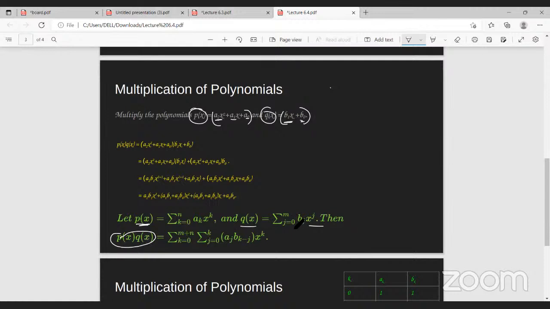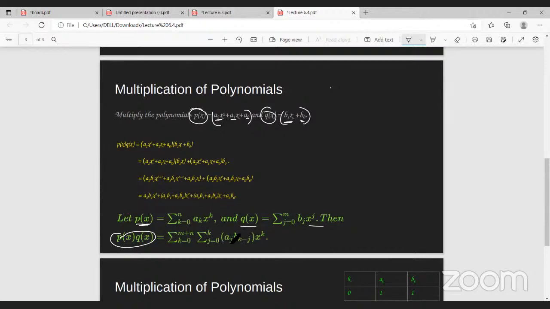J equals 0 to k, that is a_j and b_(k minus 0), that is b_k. I understand that, but m plus n is just adding the powers, like x to the power 4 and x to the power 3.